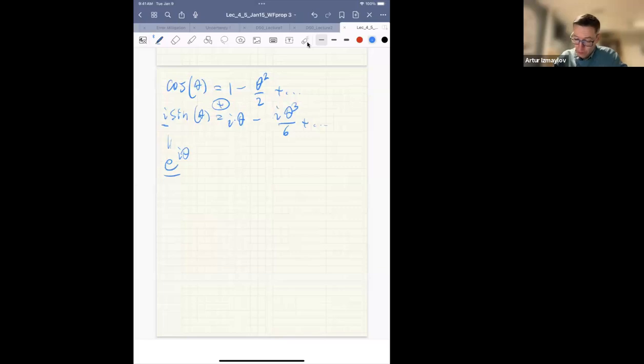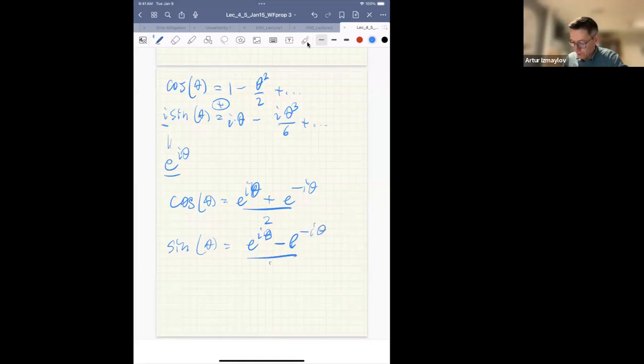Another way to prove the same thing is using the formula that cosine of theta is exponent of i theta plus exponent of minus i theta, divided by 2, and sine theta is exponent of i theta minus exponent of minus i theta, divided by 2i. But all this needs to come from somewhere.